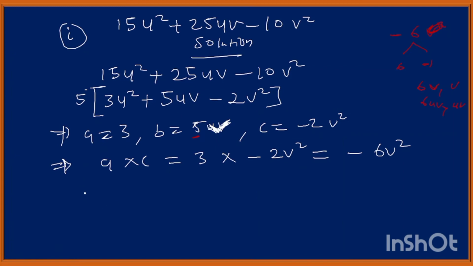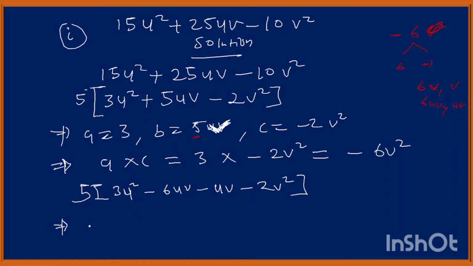So let's do that. So we're going to have 5 into 3u squared plus 6uv, in place of 5uv, I put minus uv, minus 2v squared, close.